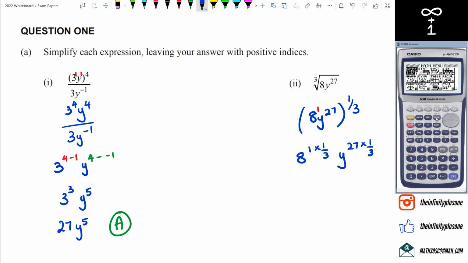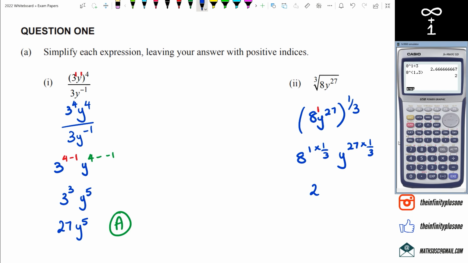Now 8 to the power of 1/3, if you can't remember what it is, just make sure you put it in the calculator. Here's a little tip for you guys when you do 8 to the power of 1/3. Let me see if this is actually going to work. Yeah, it's not going to work, and the reason is you have not put the bracket around 1/3. This is one of the common mistakes people make when using the calculator. So when you go 8 to the power of 1/3, make sure you put in the brackets, and what you should get is 2.